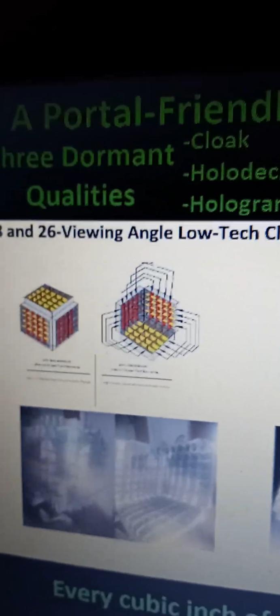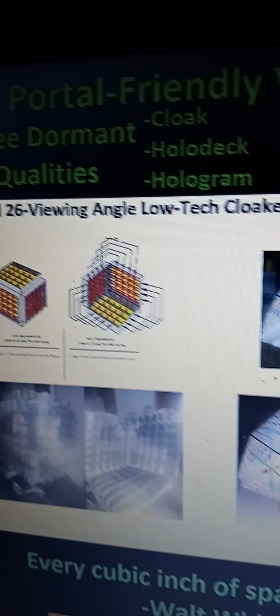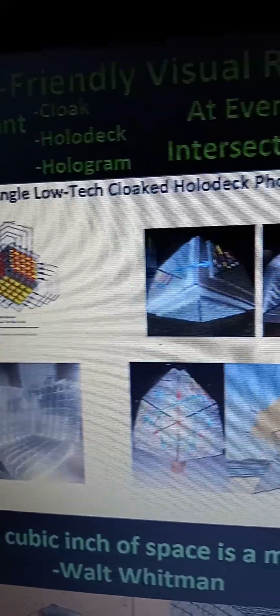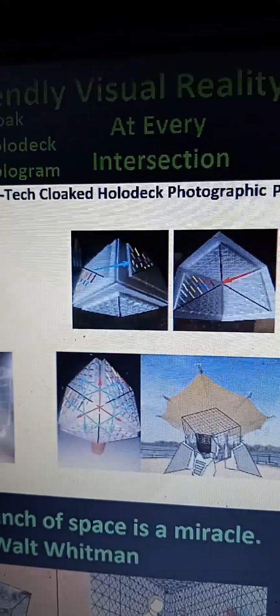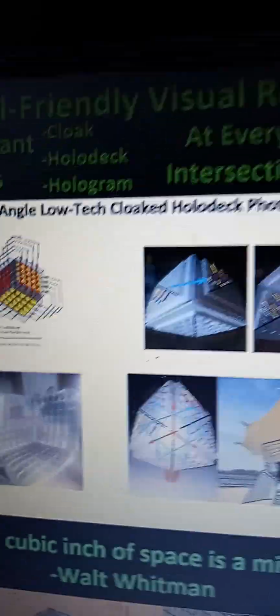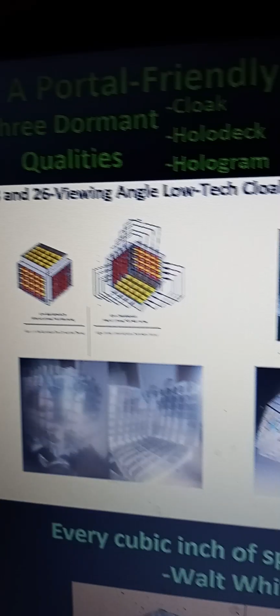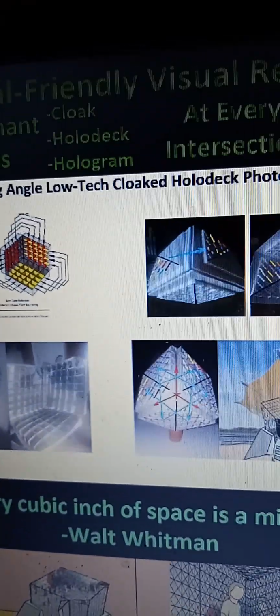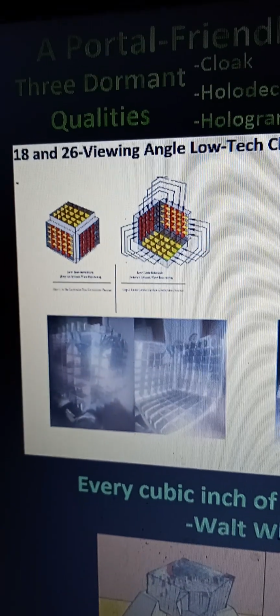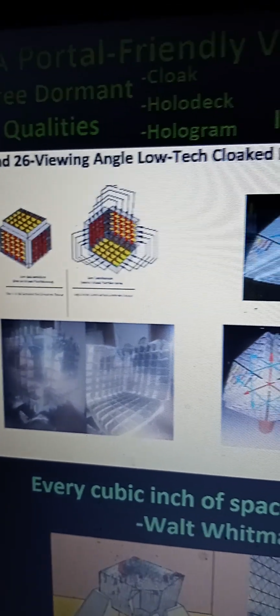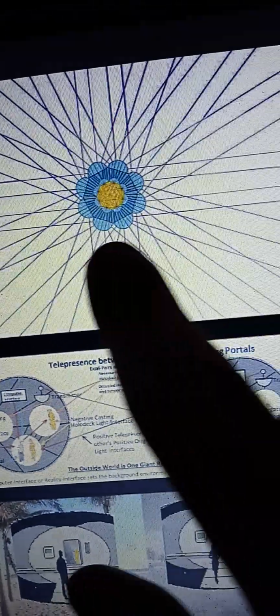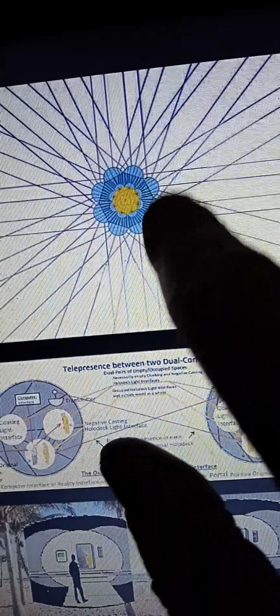You have the three dormant qualities of a cloak, a holodeck, and a hologram, potentially at every intersection. They're dormant qualities that can only be realized through intelligent manipulation of the intersections of visual reality.